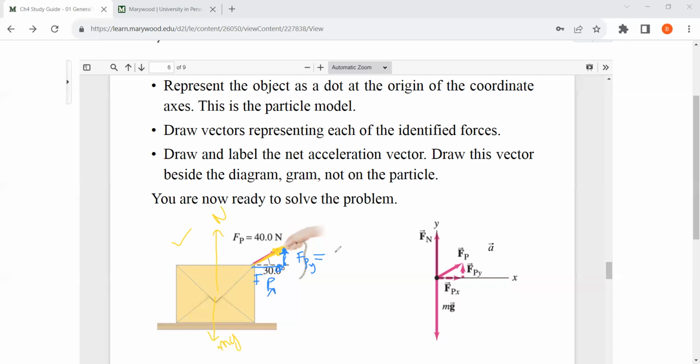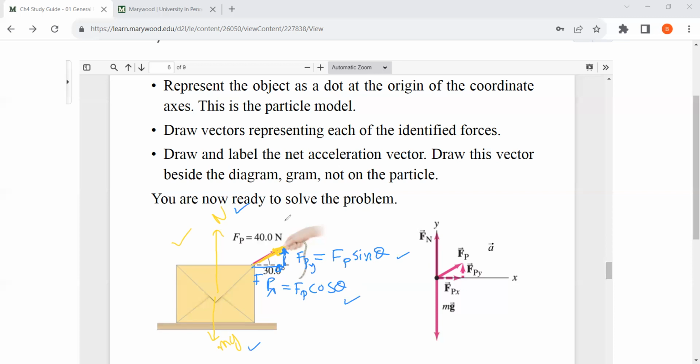Fpy is opposite, so it will be Fp sine theta, and Fpx is adjacent, so it will be Fp cosine theta. Now you have all the forces you identified: the normal force, the gravitational force, Fp sine theta and Fp cosine theta.